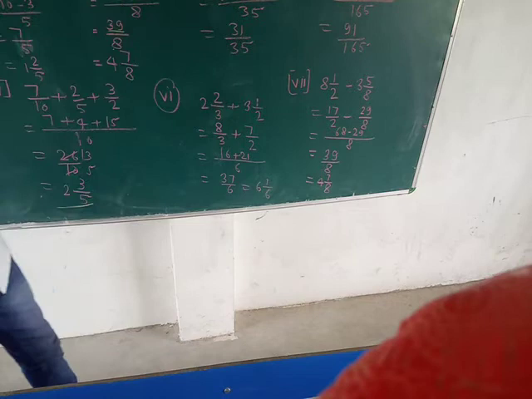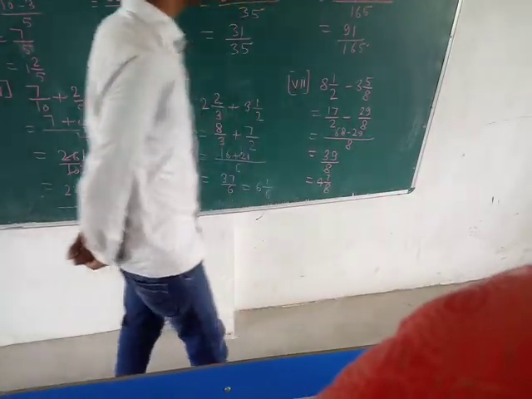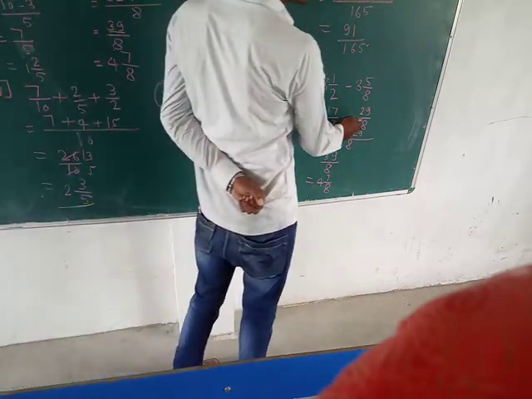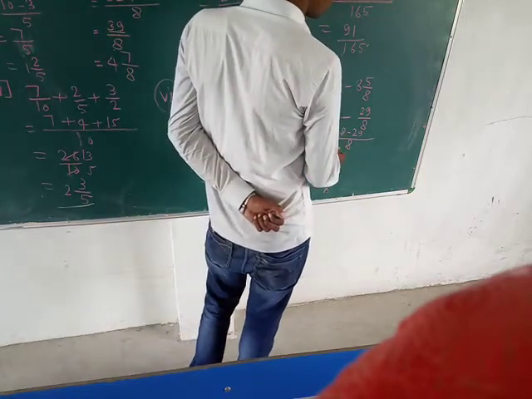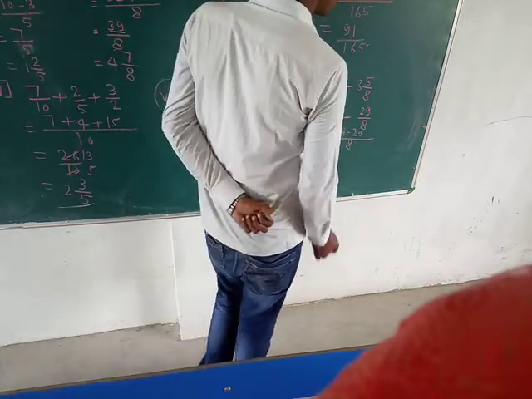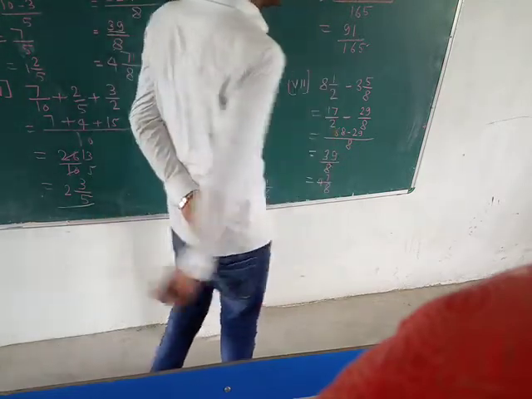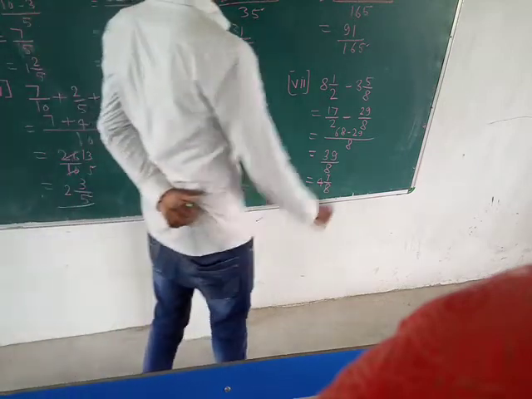Question number 7. 8 whole 1 upon 2 minus 3 whole 5 upon 8. We get 17 upon 2 minus 29 upon 8. When we take LCM of 2 and 8, we get 8. When we divide 8 by 2, we get 4. When we multiply 4 by 17, we get 68.